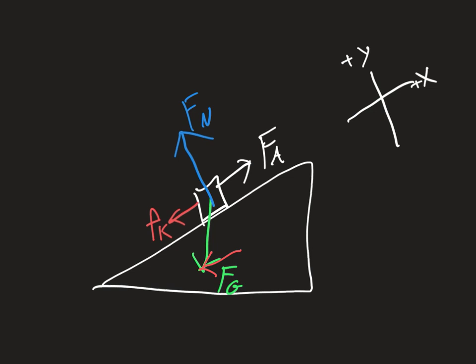So that means there's a certain amount of that gravity that's pulling straight into the ramp and a certain amount that's pushing down in the same direction as the frictional force. Let's move where I wrote this real quick so we can write this slightly different. So now I have my force of gravity in my X and my force of gravity in my Y.